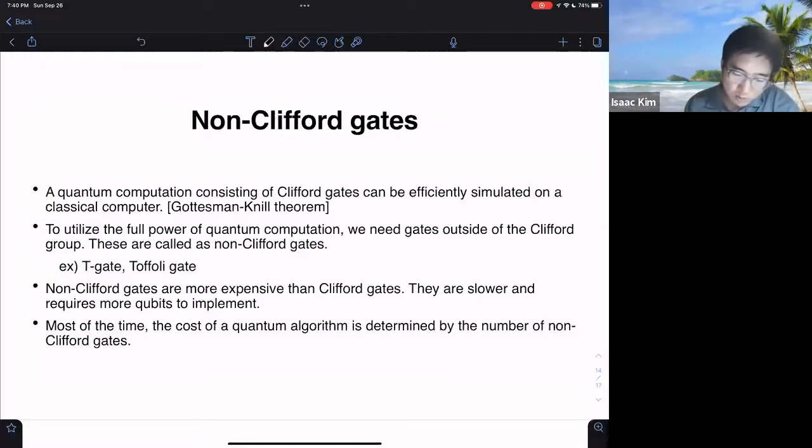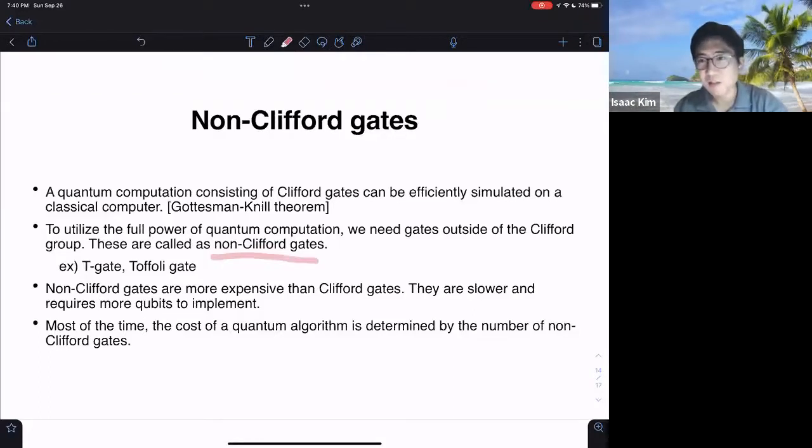So to utilize the full power of quantum computation, you actually need gates that are outside of the Clifford group. These are called, obviously, non-Clifford gates. There are many examples of non-Clifford gates.